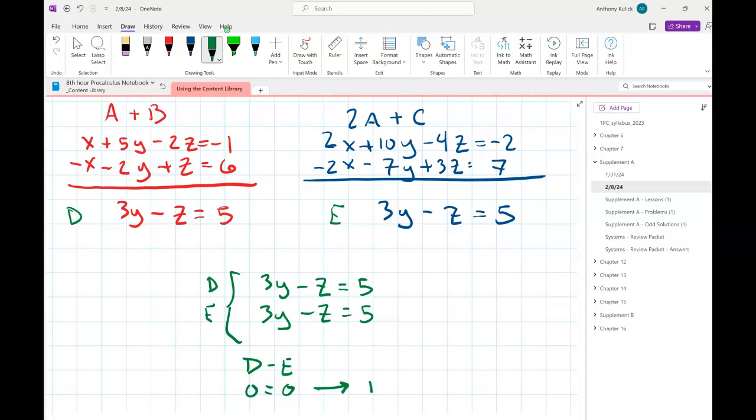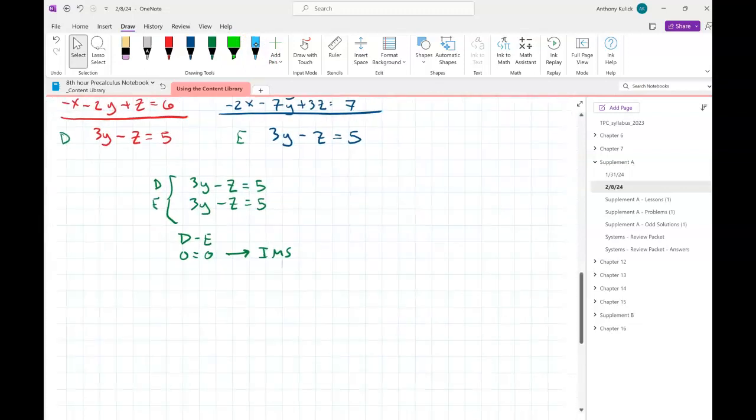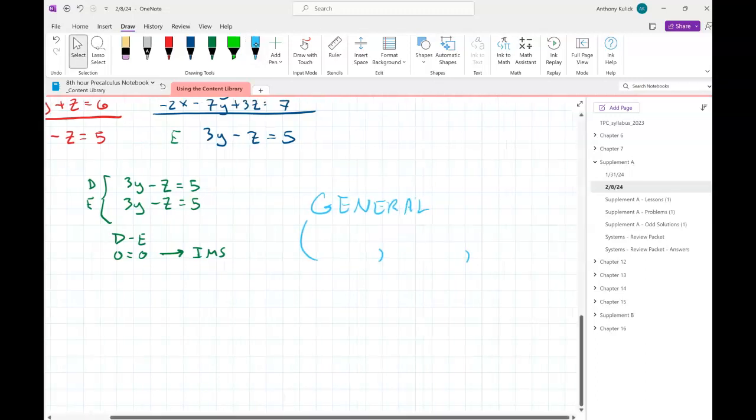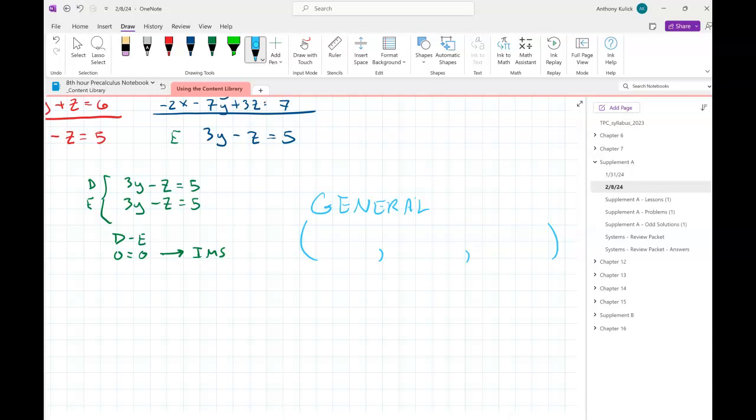That's our cue that there's infinitely many solutions. What we want, though, from that is a general solution. So our general solution is going to look like an x component, a y component, a z component, but it's all going to be described in terms of one variable.